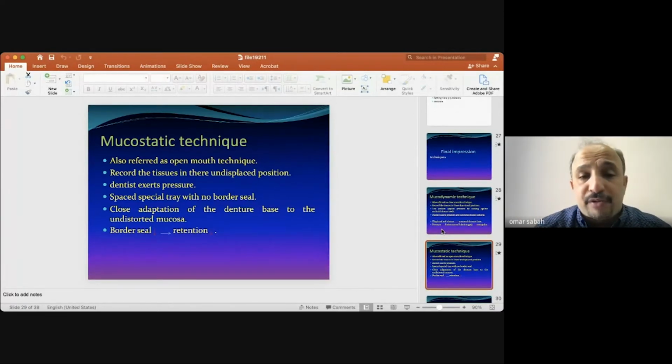The special tray with no border seals gives close adaptation of the denture base to the undistorted mucosa, because the thickness is the same, so you do not destroy anything. The border seals, of course, sometimes if you don't register them in a good way, you will decrease your retention.